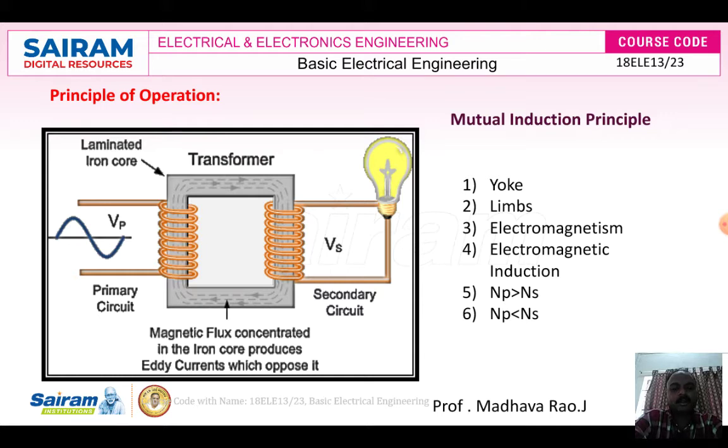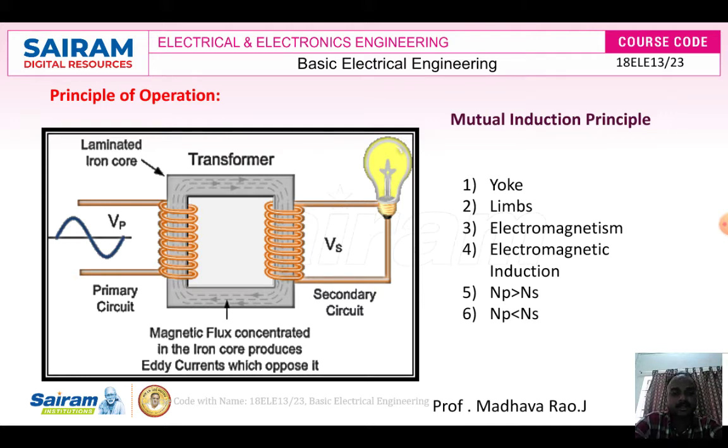Small size applications include TV circuits, radio circuits, and electronic devices like mobile phones and mobile chargers. If you want to charge the mobile, we need a charger, and inside the charger there will be a transformer. Those types of transformers are small size transformers.